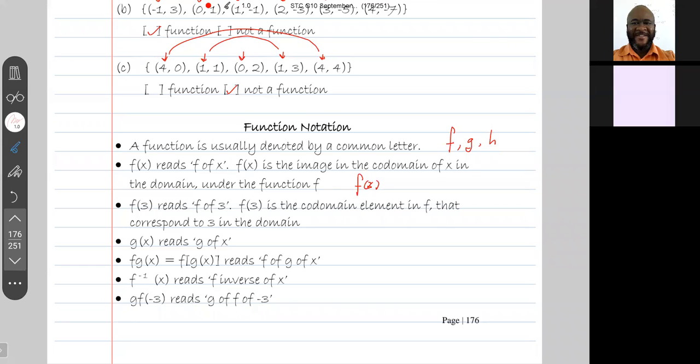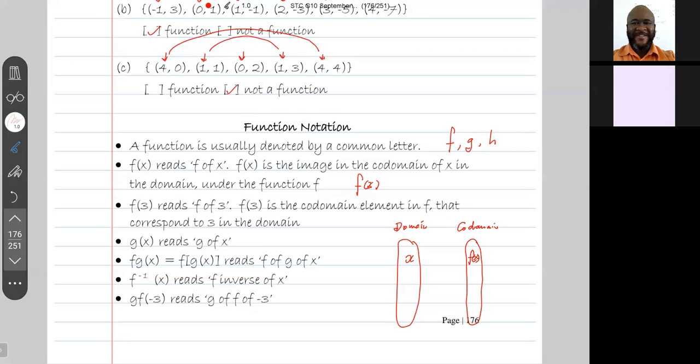Now, f of x is the image in the codomain of x in the domain. So in other words, if you have x here, in the domain, and over here is the codomain, you're going to have f of x.